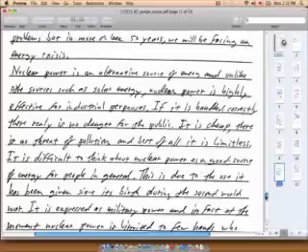Nuclear power is an alternative source of energy, and unlike other sources such as solar energy, nuclear power is highly effective for industrial purposes. If it is handled correctly, there really is no danger for the public. It is cheap, there is no threat of pollution, and best of all, it is limitless.